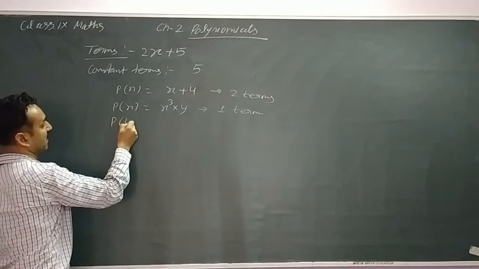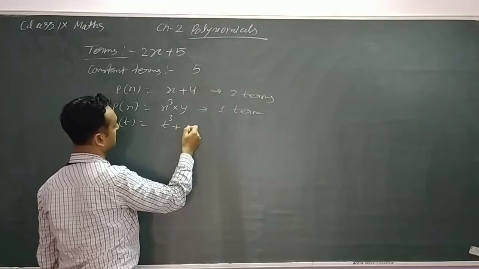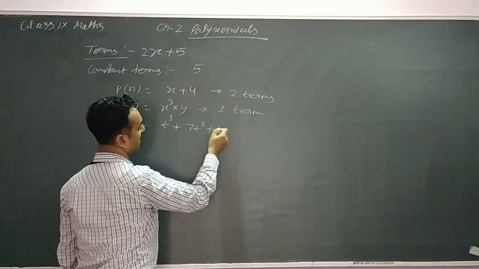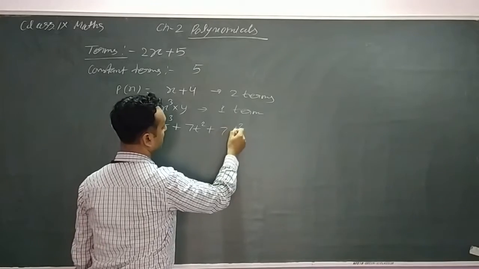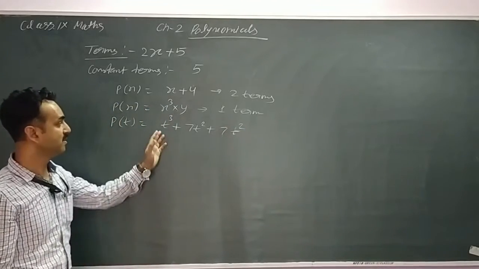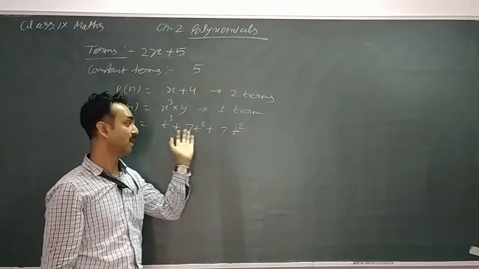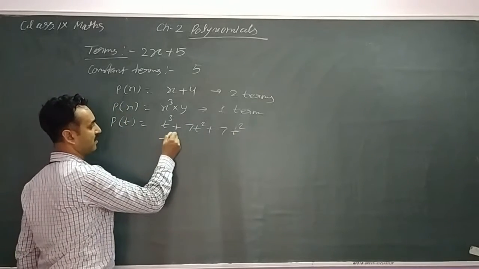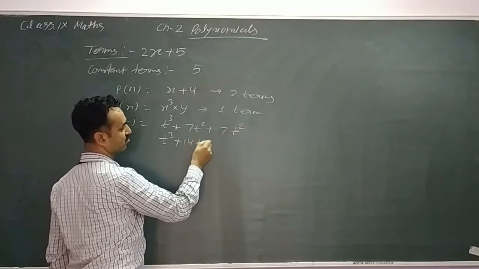Let's see another example: p(t) = t³ + 7t² + 7t². How many terms do you see here? There are 3 terms, but after simplification, these are like terms: 7 plus 7 is 14t².